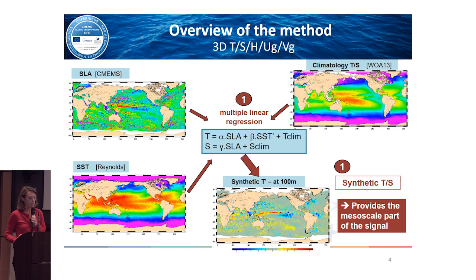And here you have an example of the temperature that is computed from this method at 100 meter depth. This is expressed as anomalies from the first guess climatology. And we can see that we have many mesoscale structures that are in fact provided by the satellite fields. So here, really, the key information is that the satellite observation provide the mesoscale part of the signal.